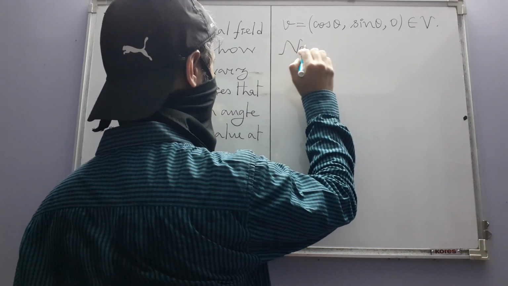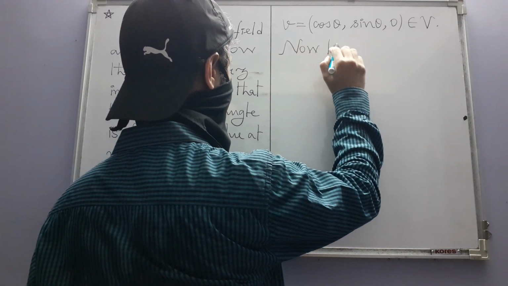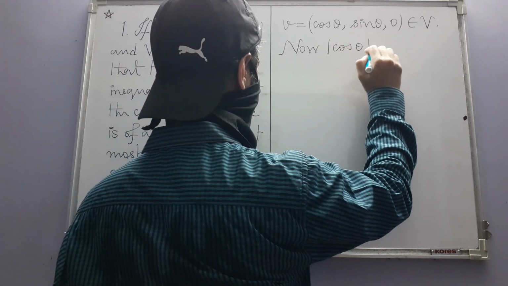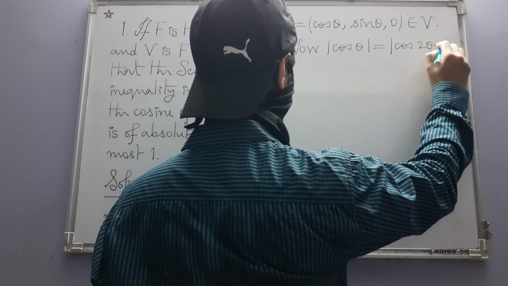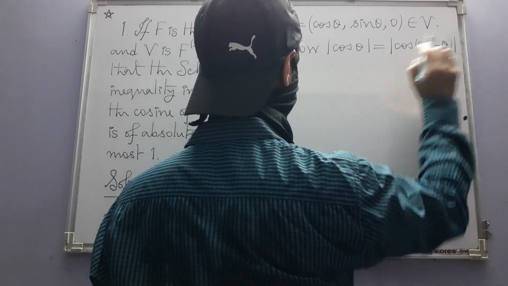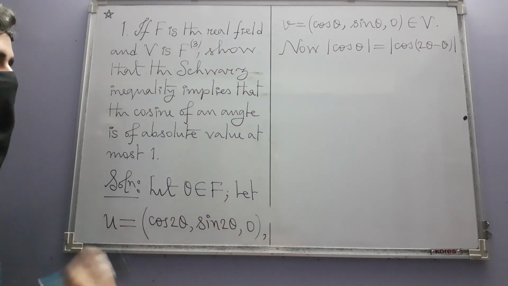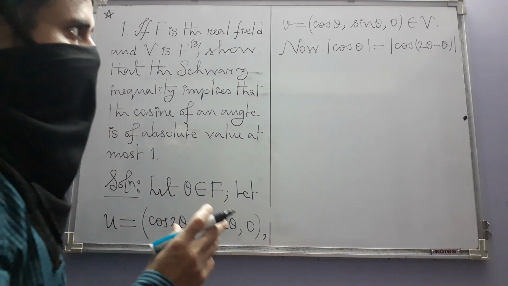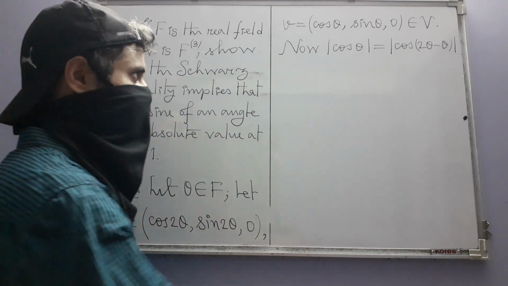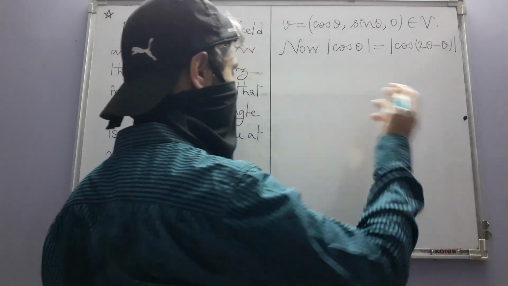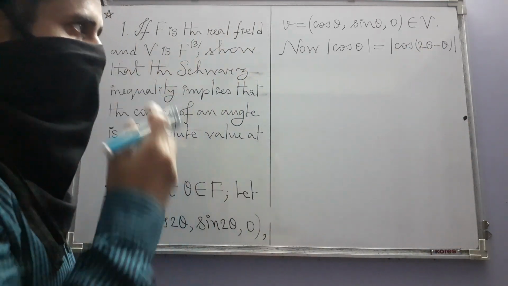Now this is obviously equal to the absolute value of the cosine of 2 theta minus theta. Now we are going to apply the addition formula for cosine. Although you have minus here, still it is the sum of 2 theta and minus theta.